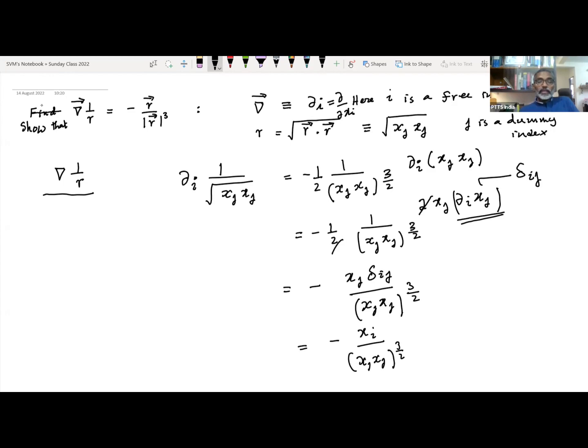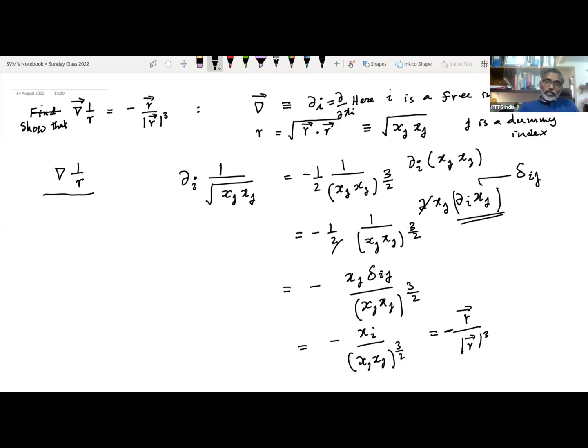But what is minus xi? Minus xi is just index notation for the vector r. So this is same as minus r by modulus r, the whole cube. So this is how you can do calculus, any calculus in this notation.